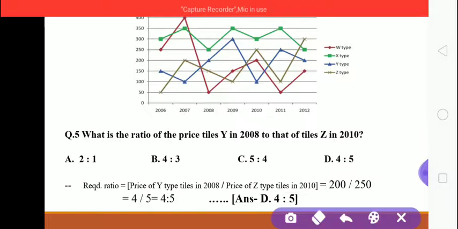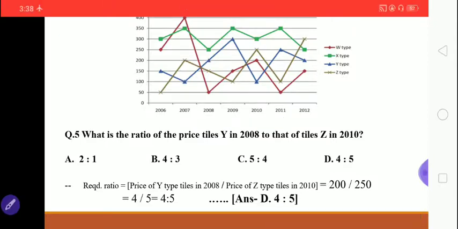In 2008 the price for the Y tiles is 200, divided by the price of the Z tiles in 2010. In 2010 Z tiles is here, that is 250. So 200 divided by 250 you will get as 4:5, and option D will be correct.